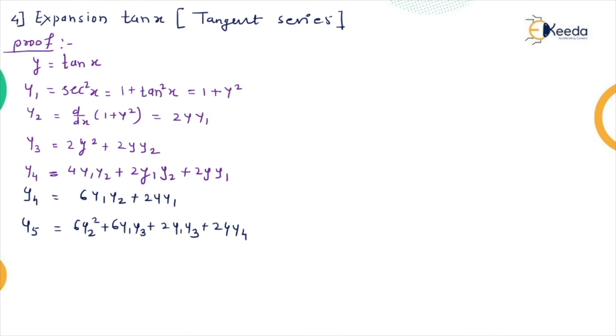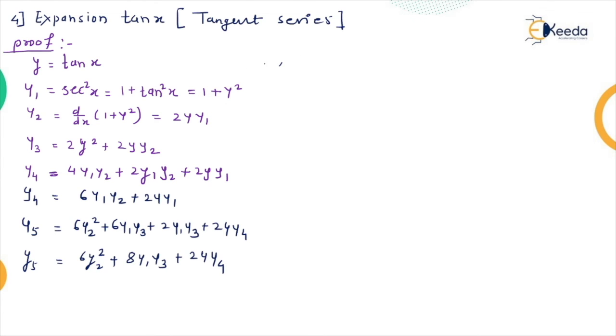Taking the derivative of first into second plus second into first, y5 is 6y2 square plus 8y1 y3 plus 2y y4. So these are the successive derivatives of y up to y5, a five-time derivative.